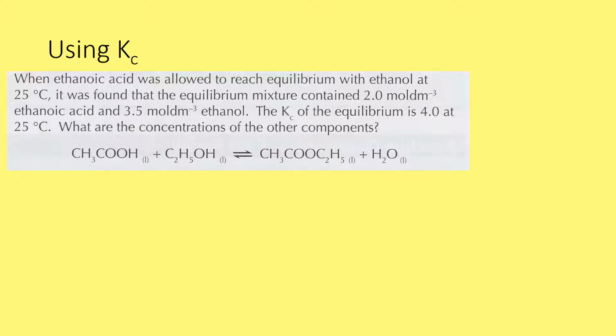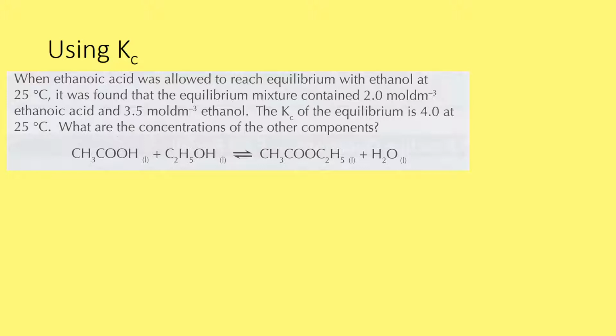Okay, so let's move on now to an example where we use the equilibrium constant in order to calculate concentrations. You'll know that in the previous two examples we've done it the other way around. Here we have a reaction involving ethanoic acid, reacting with ethanol at 25 degrees.